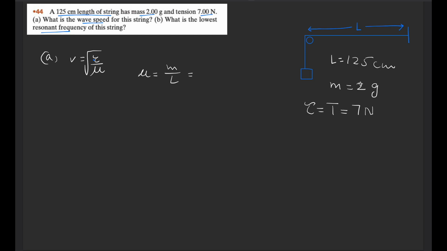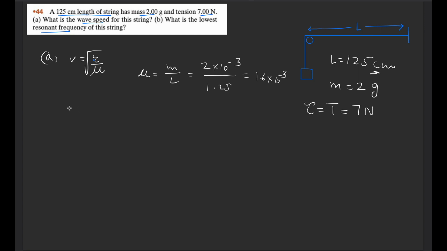We convert the length into meters, 1.25, and the mass into kilograms. If you divide this by this, you will get 1.6 times 10 to the power minus 3 kilogram per meter.